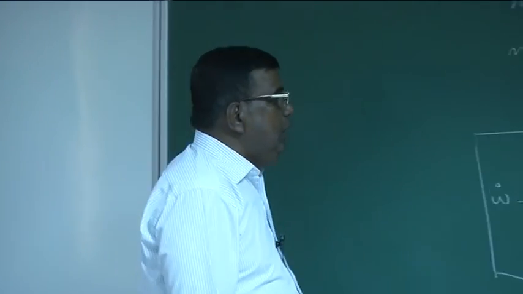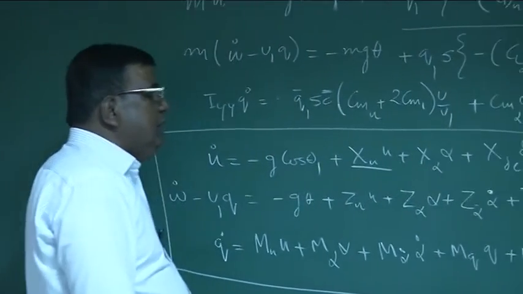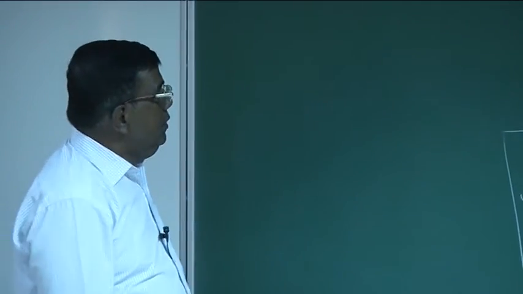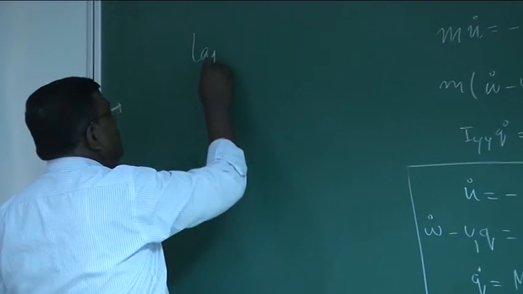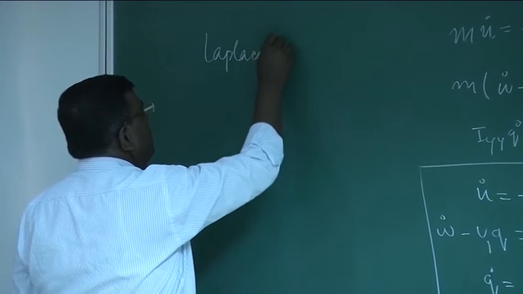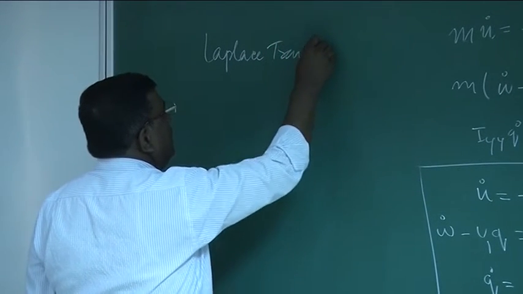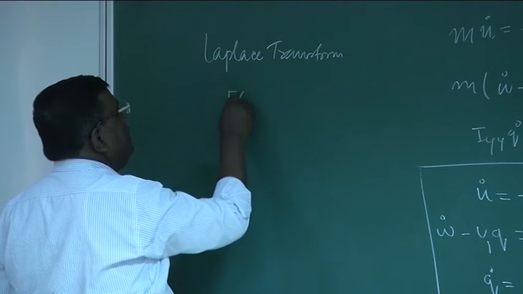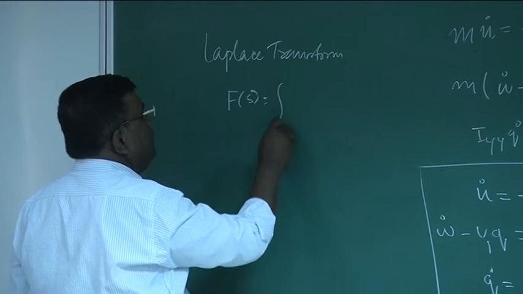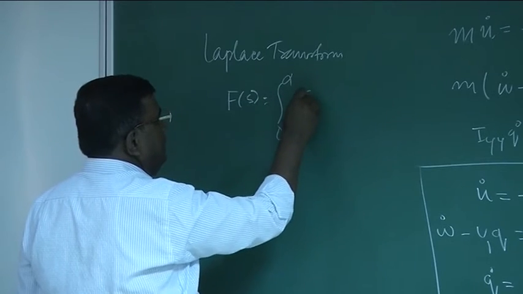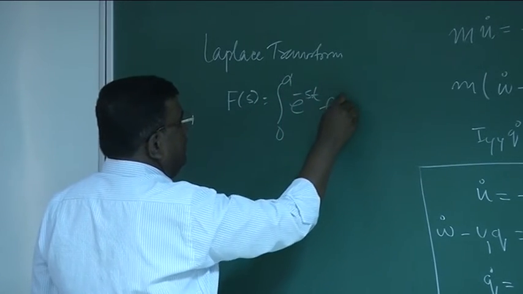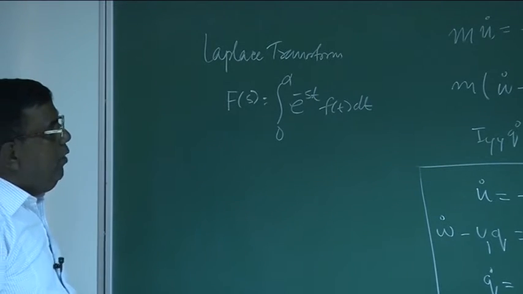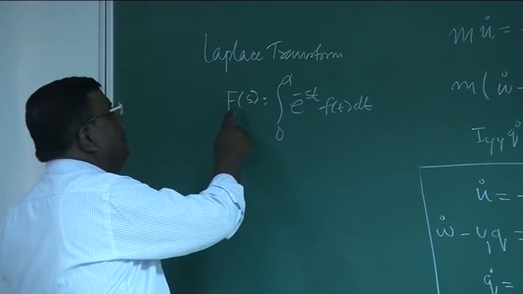Now we'll do another trick, because we know this is a linear system, since we're talking about small perturbation theory. So we'll use the Laplace transform, which is defined as F of s equals integral from 0 to infinity of e to the power minus st into f of t dt. This transforms the time domain into the frequency domain.